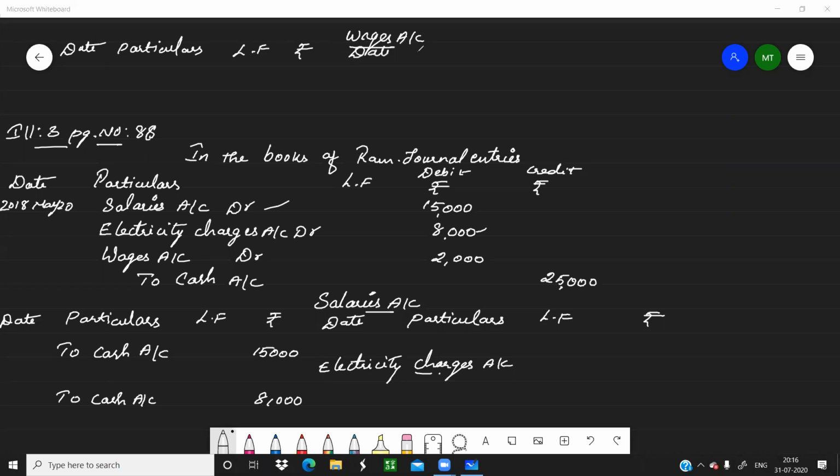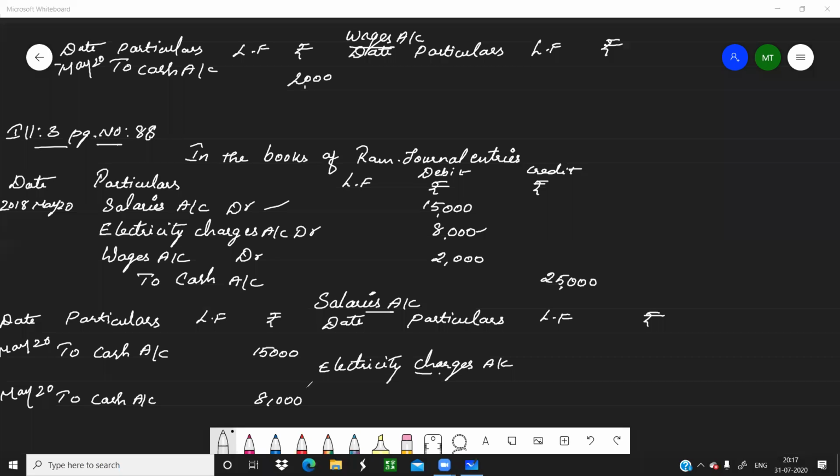Then date, particulars, LF, then amount. To cash account. So how much? Rupees 2,000. That's all. Okay, to cash account. So the date is May 20, 2018. Okay, that's all. Next one is cash account.